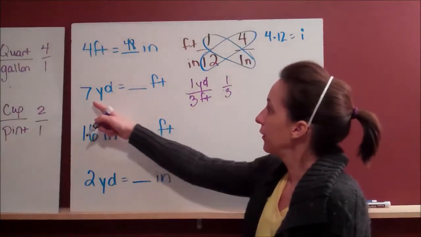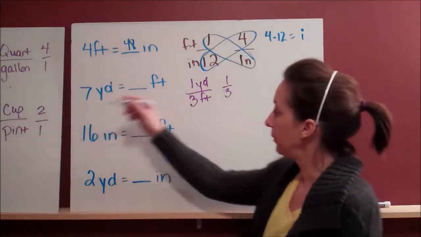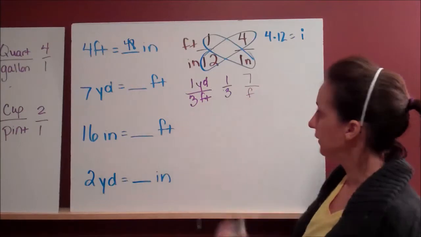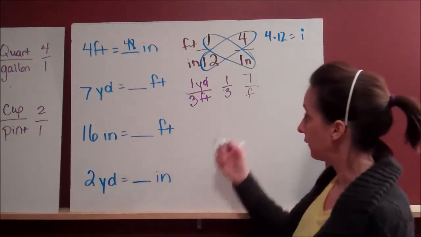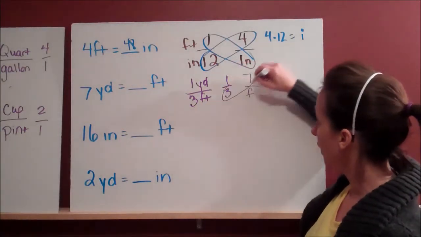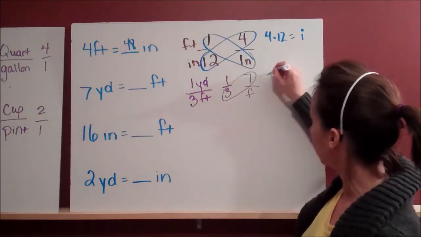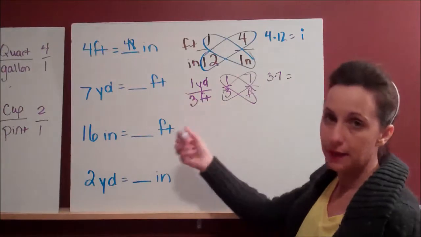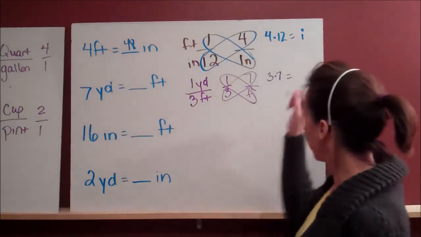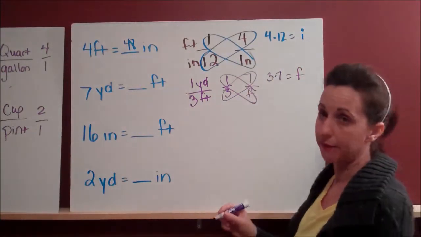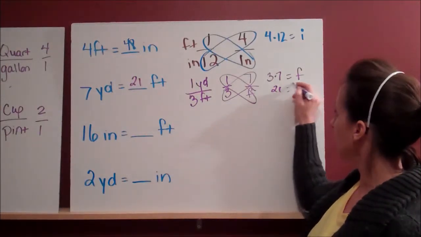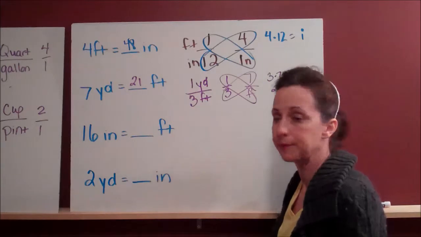So where there was yards on the top, I'm going to put yards, and then this could be F for feet. And here's another example of cross products. 3 times 7 equals 1 times F. We can call it 1F, or we can simply call it F. This answer is 21, because 3 times 7, 21 equals F.